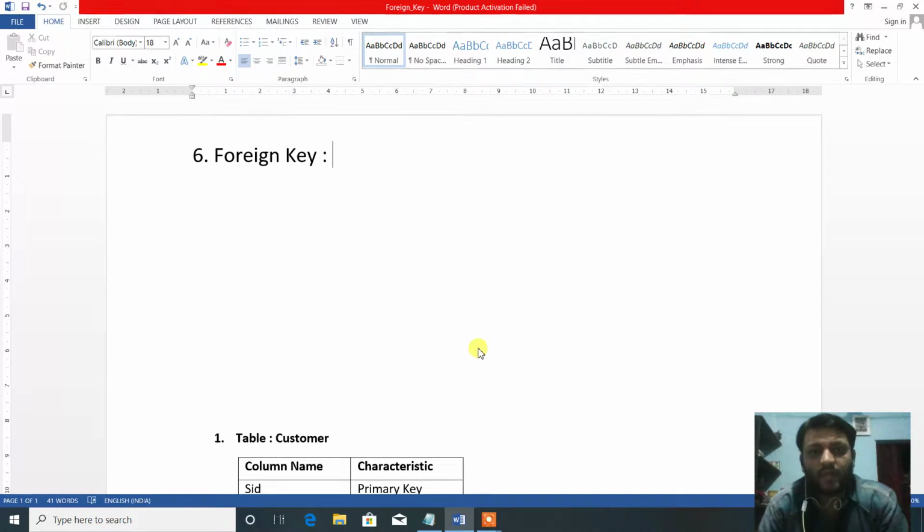So now we write the definition of foreign key.